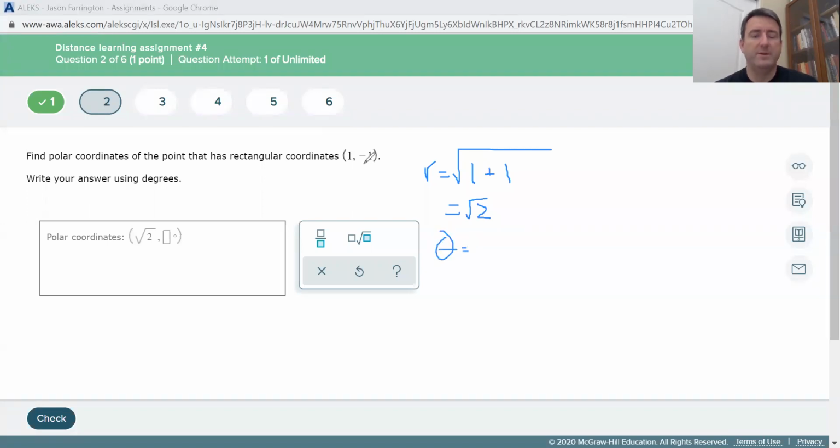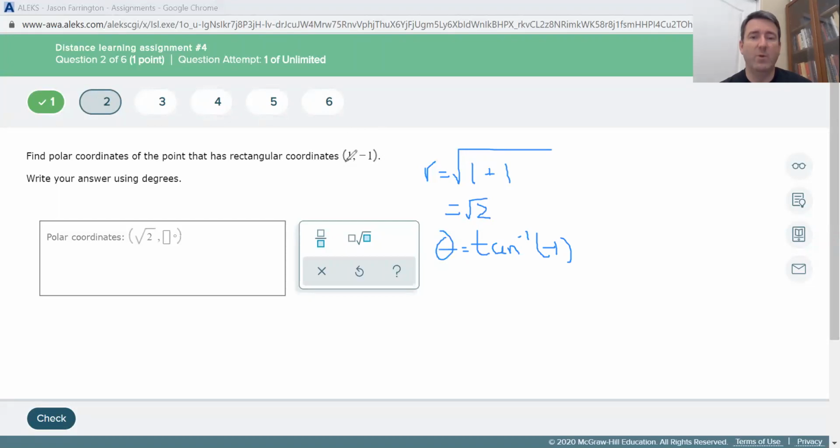Theta is going to be equal to the inverse tangent of -1 over 1, which is -1. And looking on our unit circle, we find where tangent is equal to -1. Well, that's equal to -1 at 135 degrees and also at 315 degrees.